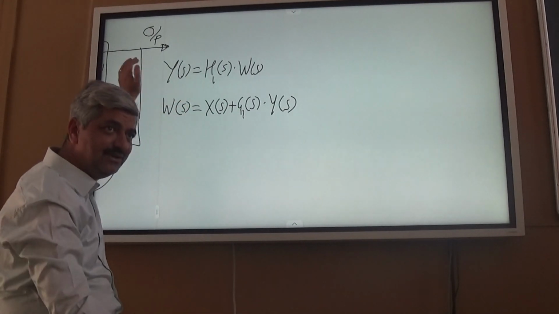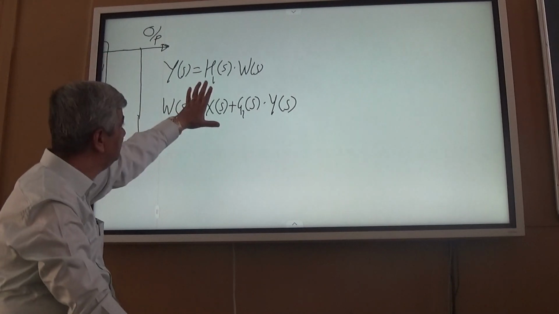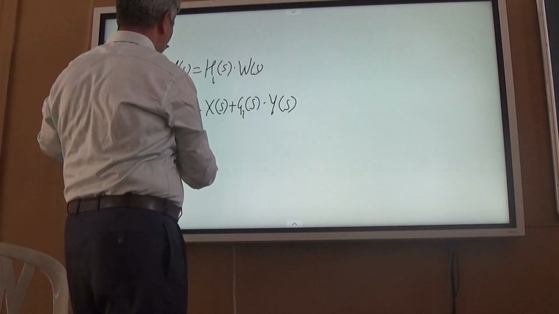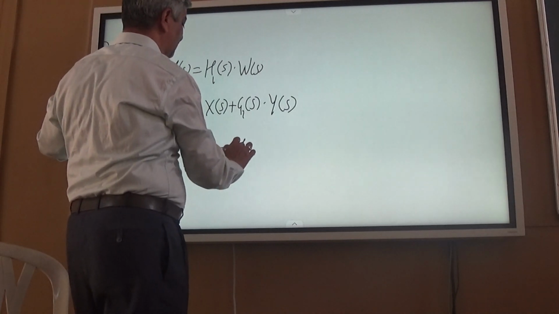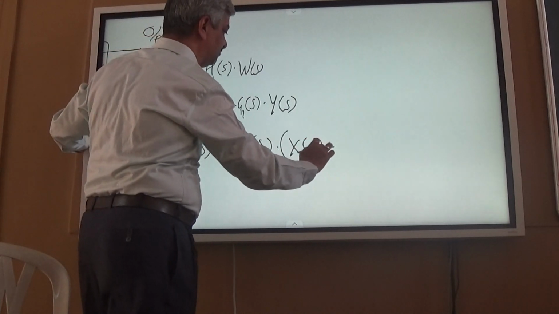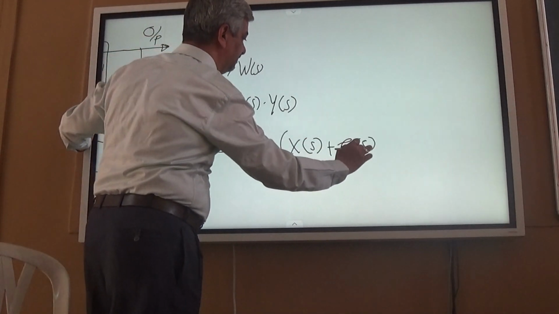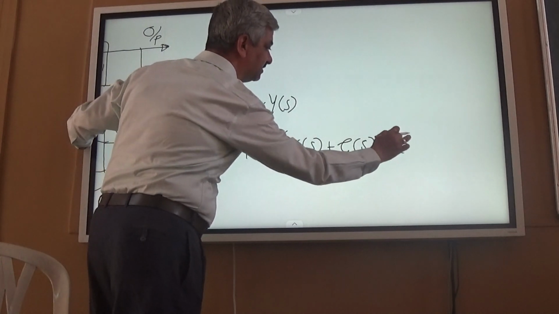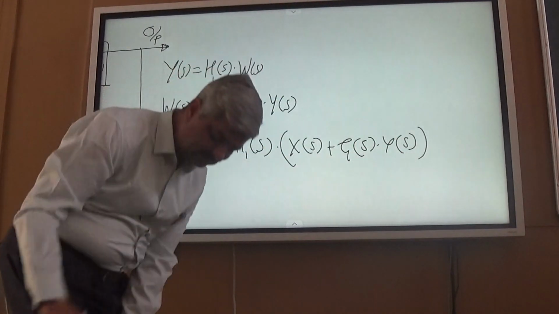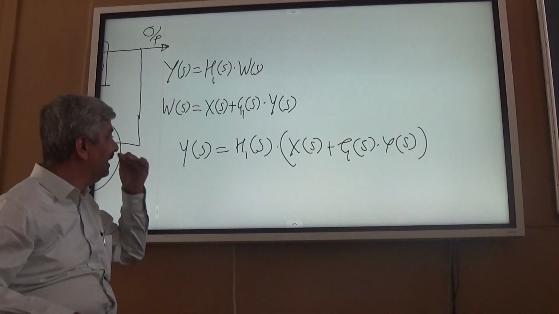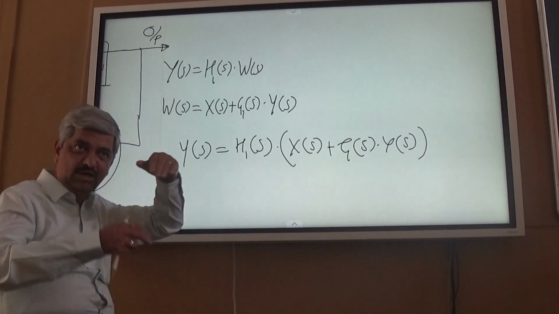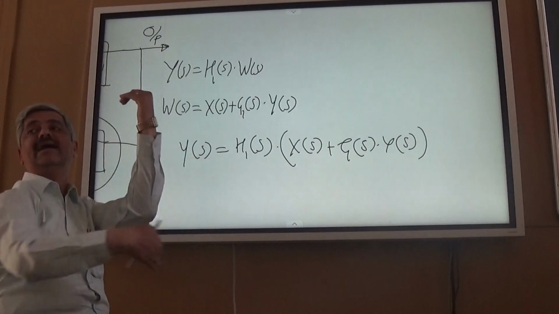So don't go for that example, it was just for practice; this should be a general method. So Y(s) is equal to H1(s) into X(s) plus G1(s) into Y(s). What happens is that because of the concept of feedback, the output includes part of the output on the right hand side, because it gets input which is fed back.